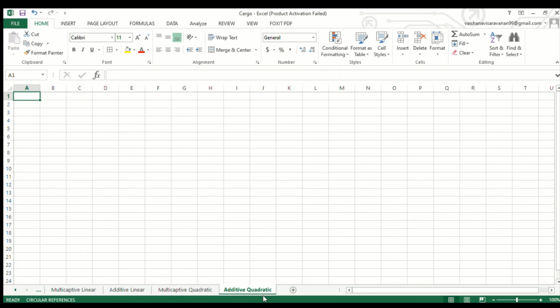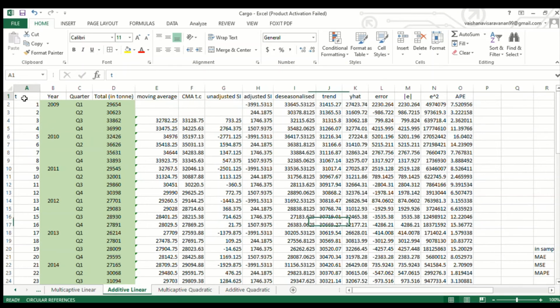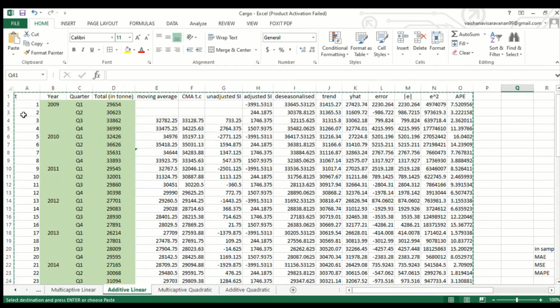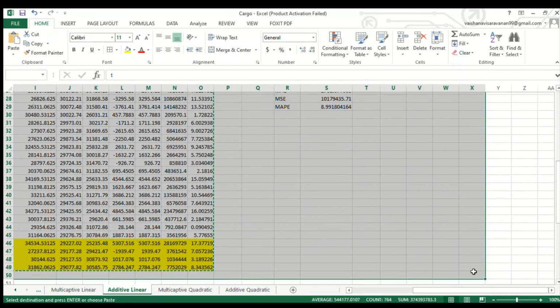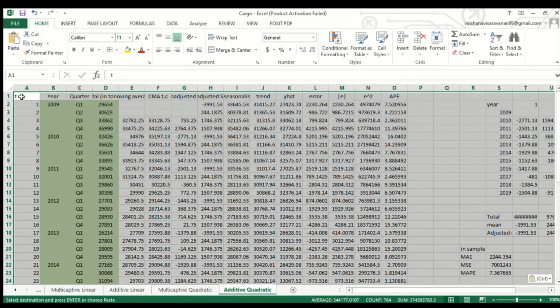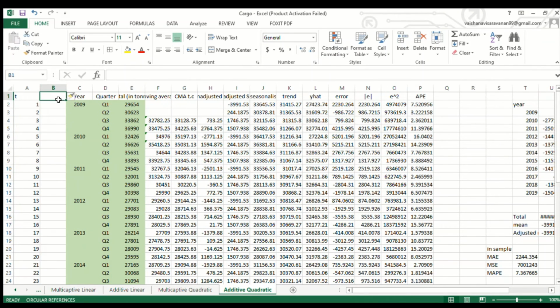As for the additive quadratic, we do the same thing as we did for the multiplicative quadratic, which is we take all the additive linear values, paste them, and we insert the t squared values.